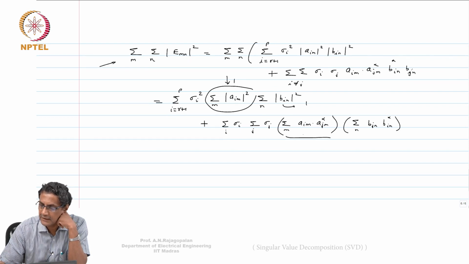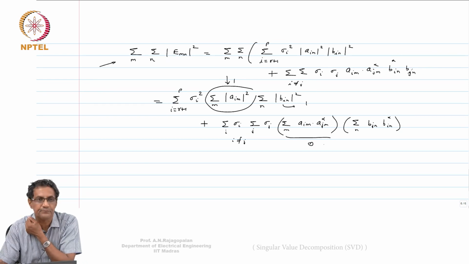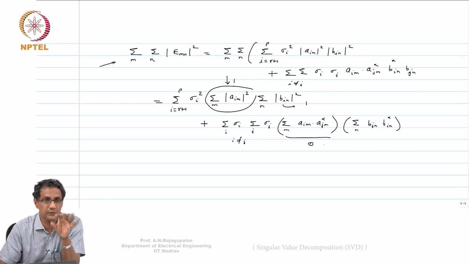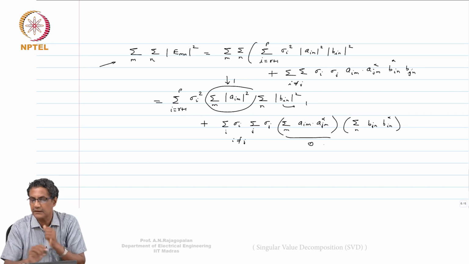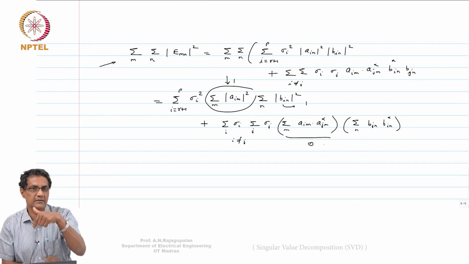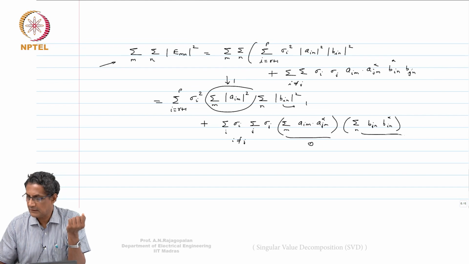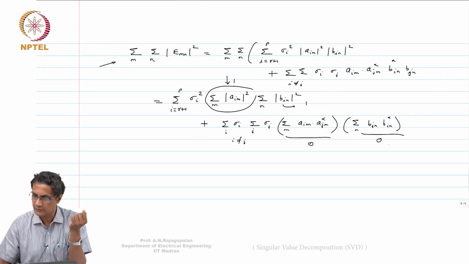Now here i is not equal to j, so this summation will give you 0. It's like taking the inner product of the ith column with the jth column, which we know are orthonormal. Similarly here also i is not equal to j, therefore this is also 0.